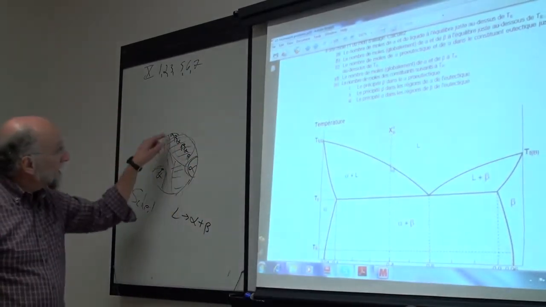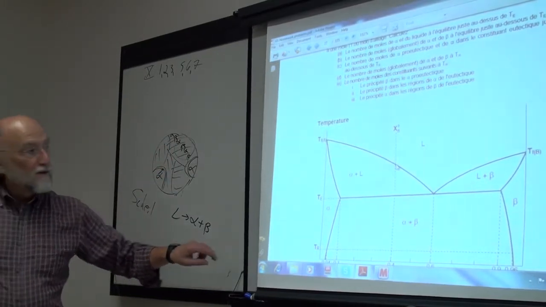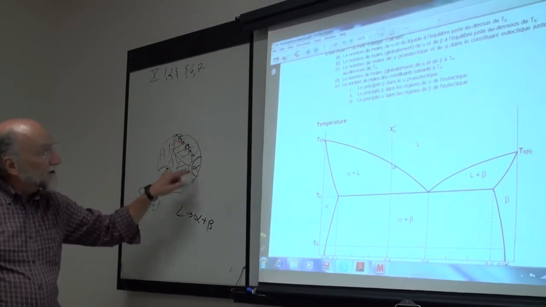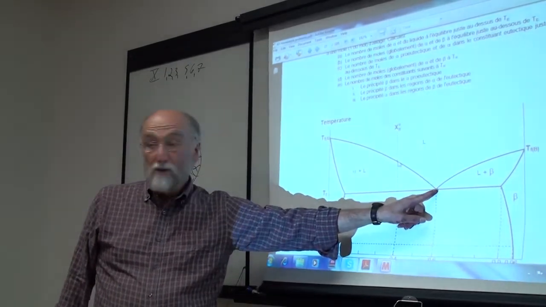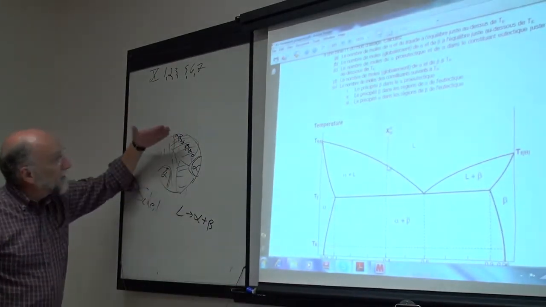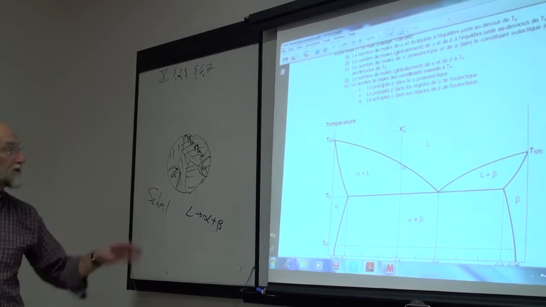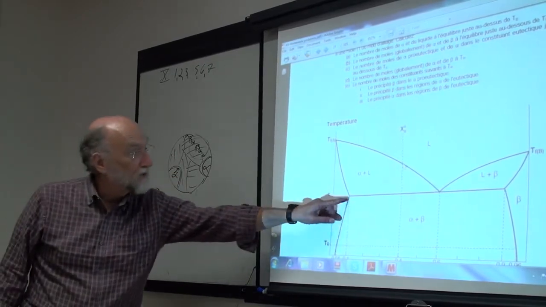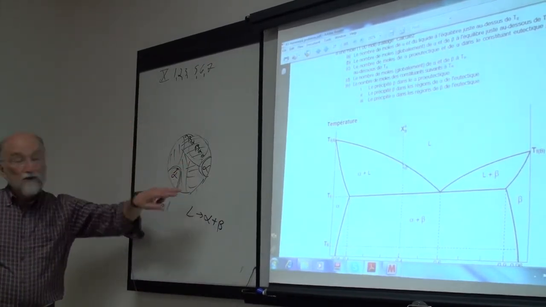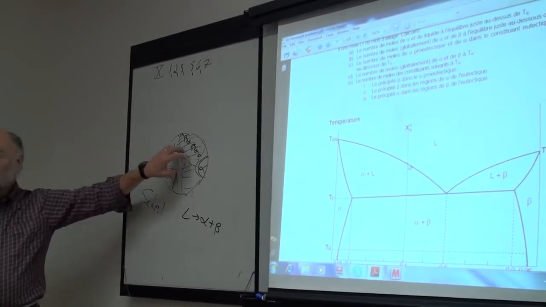The overall eutectic has this composition. A eutectic grain simply came from the liquid forming the eutectic, so the overall composition of the eutectic grain is given by this point. But the grain consists of alpha and beta phases. At this point, just below T eutectic, the microstructural constituents are the primary alpha grains and the eutectic grains.